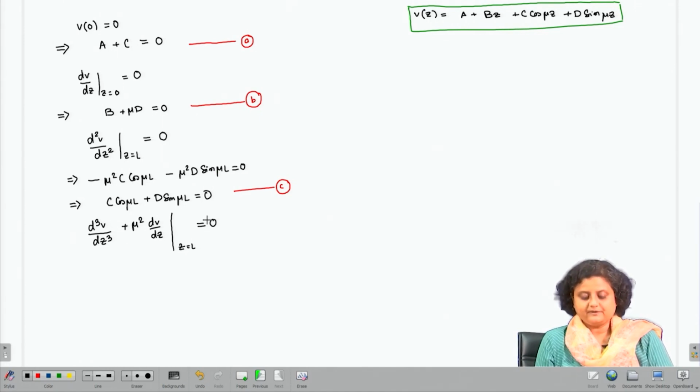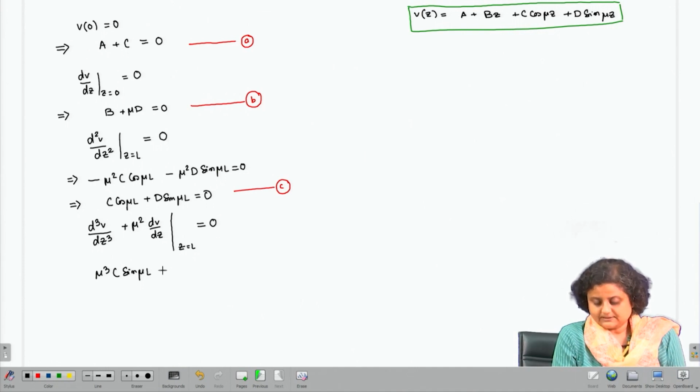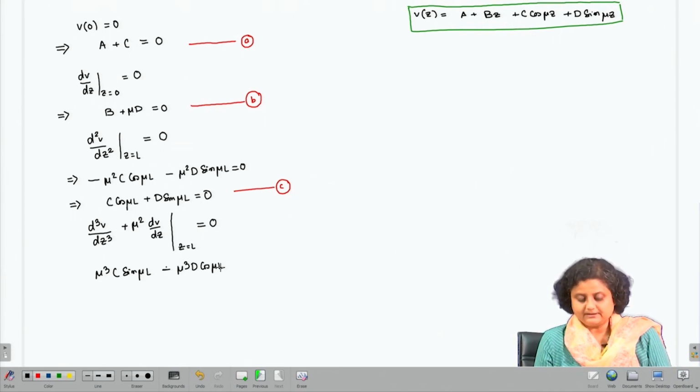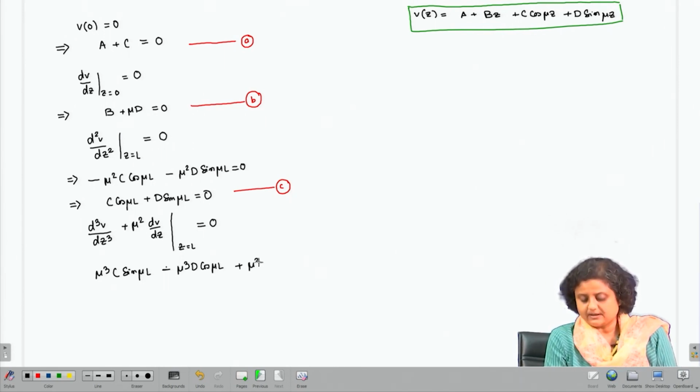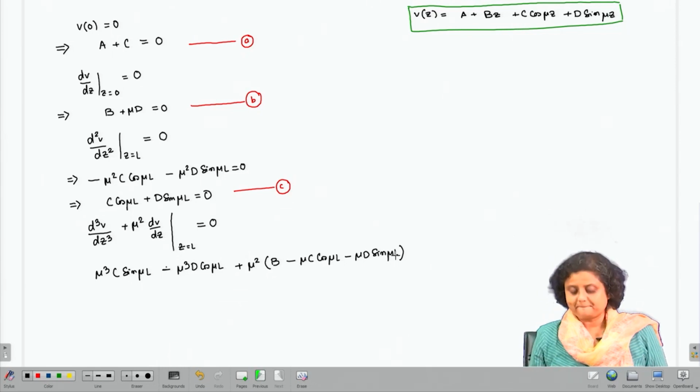Now, what is d3v by dz cube? d3v by dz cube is going to be plus mu cube C sin mu L minus mu cube D cos mu L. And mu square times dv by dz is going to be mu square B minus mu C cos mu L minus mu D sin mu L, and that has to be equal to 0.